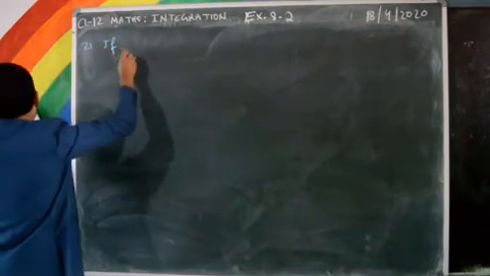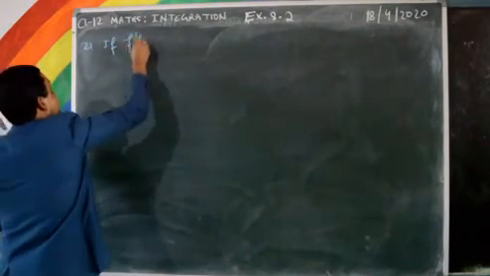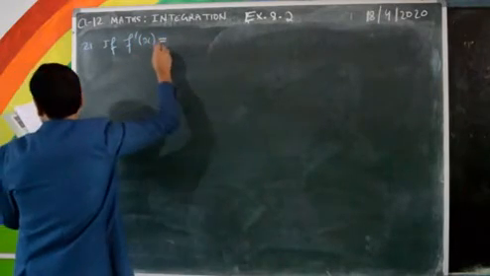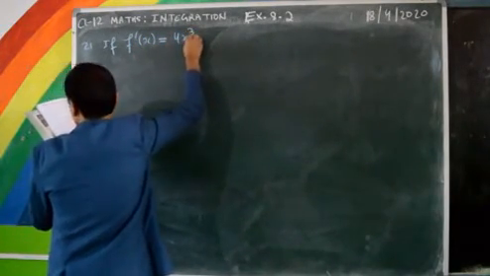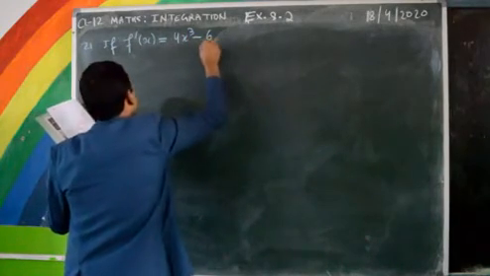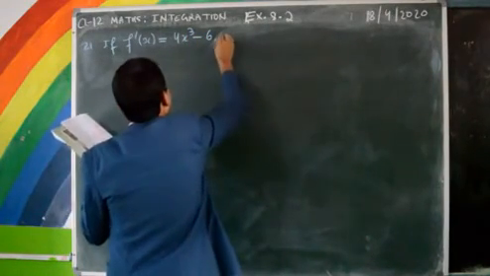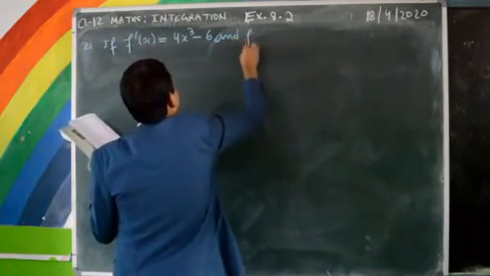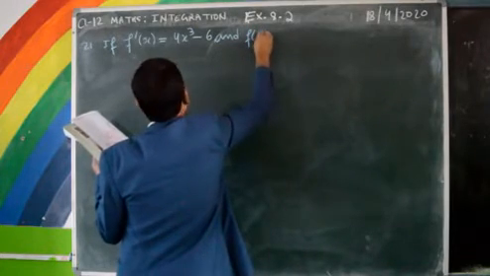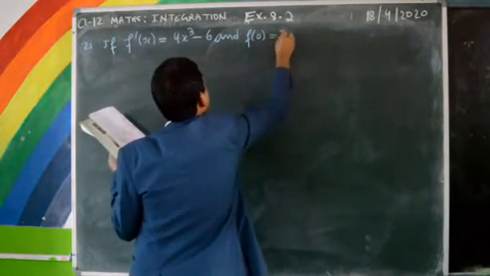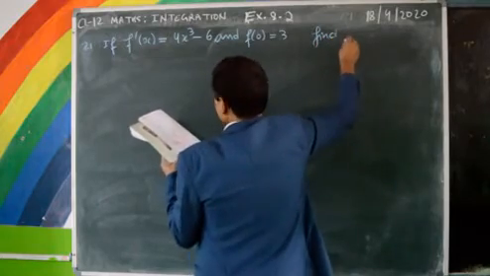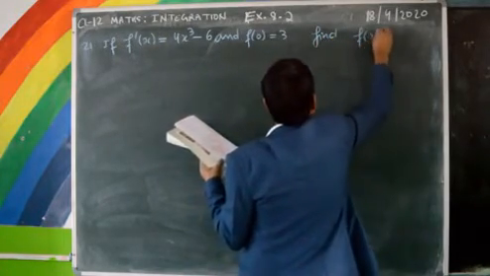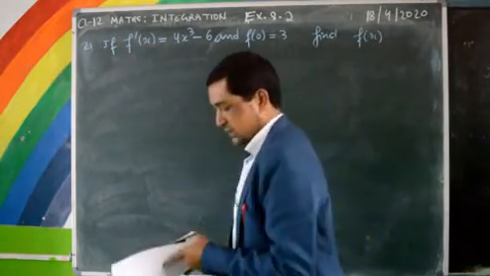If f dash x equals to 4x cubed minus 6, and f0 equals to 3, the question asks to find fx. Okay.